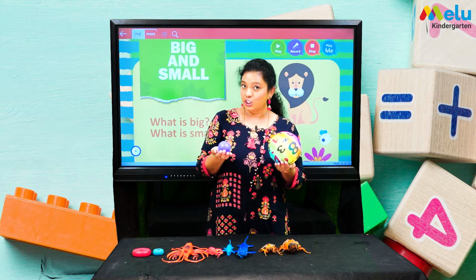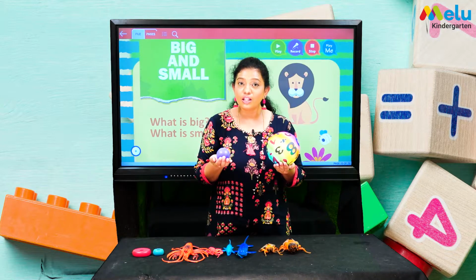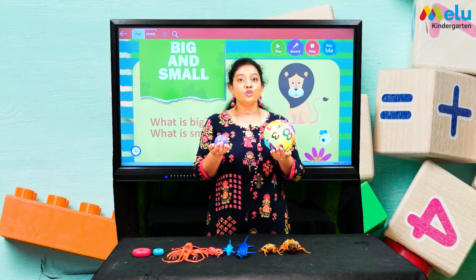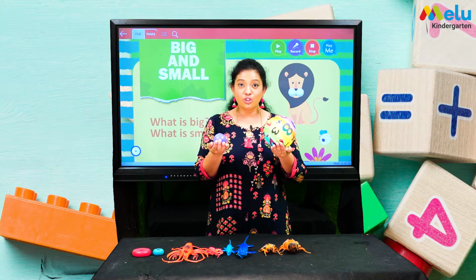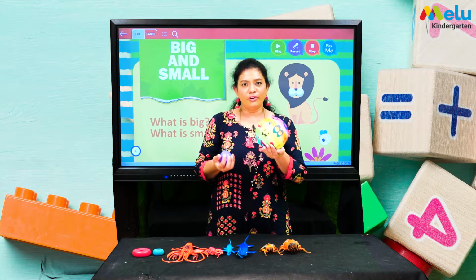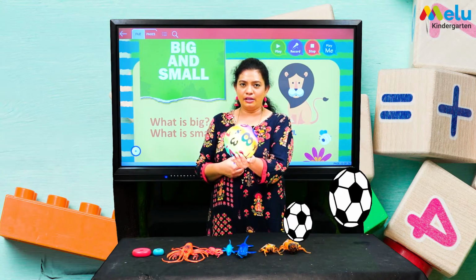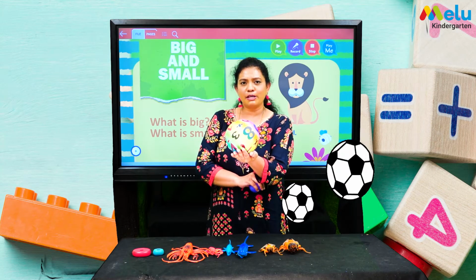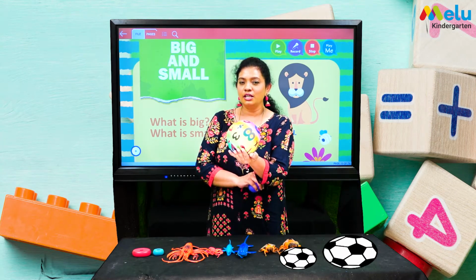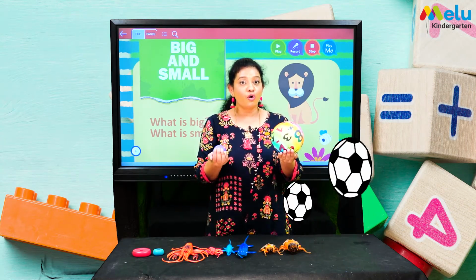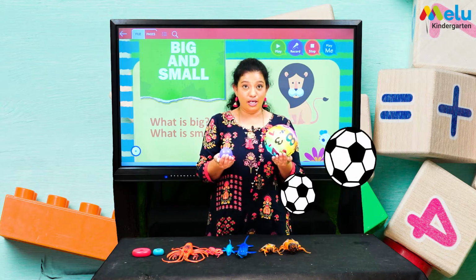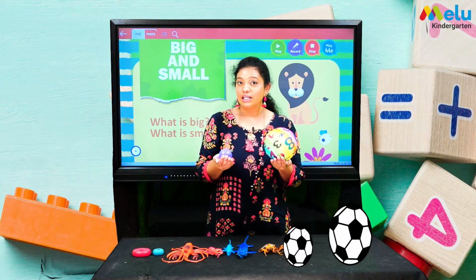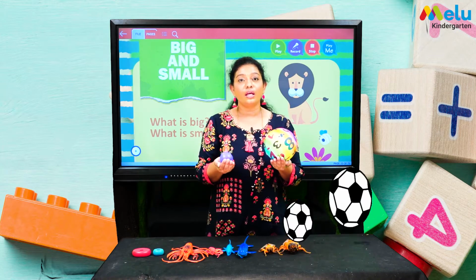As I told you, you can compare the objects when you have 2 objects in number. If I have only this ball in my hand, can I say this is big or small? No, right? So I have to have one more also in my hand to compare. Then only I can say the big and small very well.